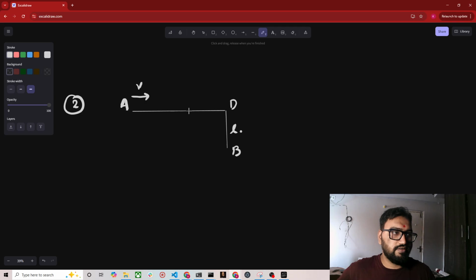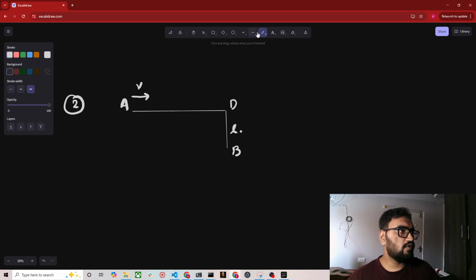So he's expected to move out of the path on the highway and cross over a field. This area is the field, and it's been mentioned that his velocity on the field is eta times smaller than the velocity on the highway.